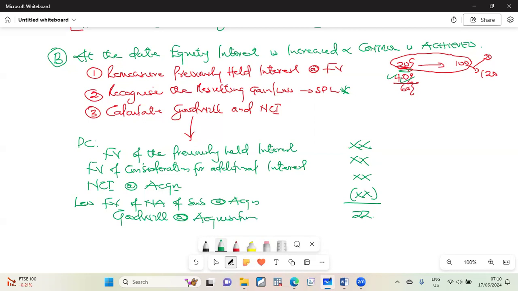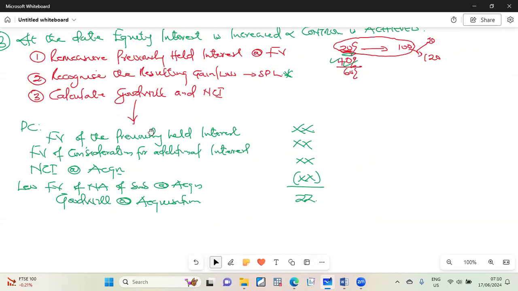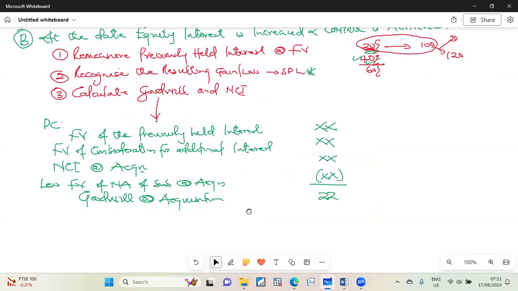That is the only change that has happened. Now, there is another thing I need to show you. Let's say this previously held interest had been measured already. That is my point C, and it is going to focus on the previously held interest.